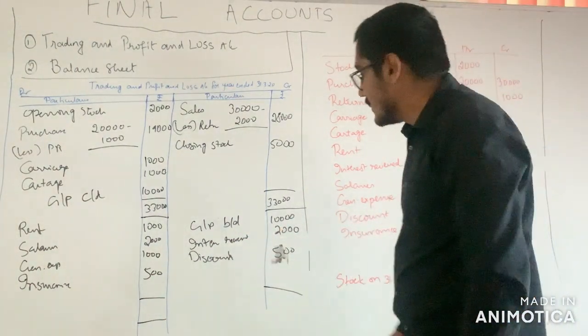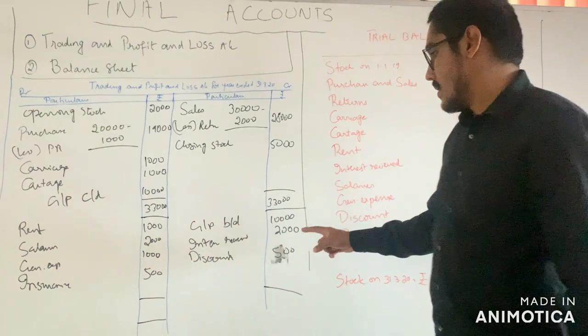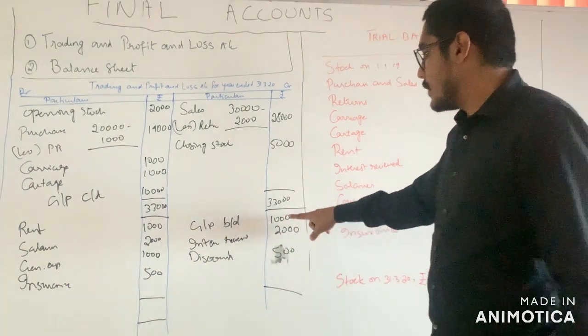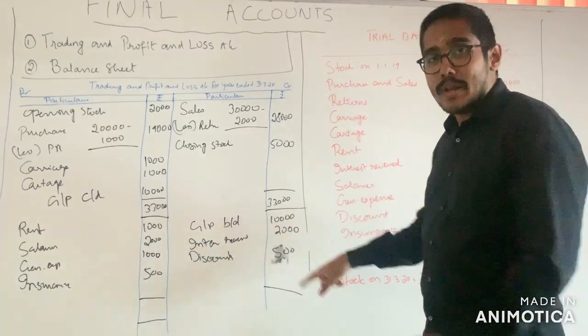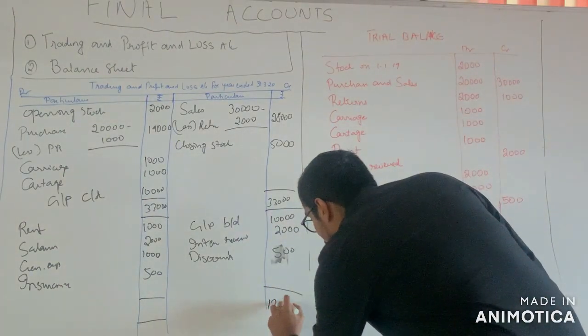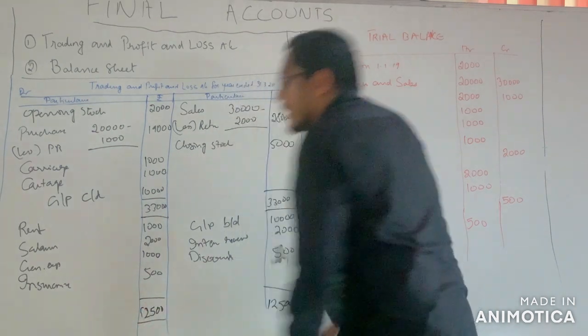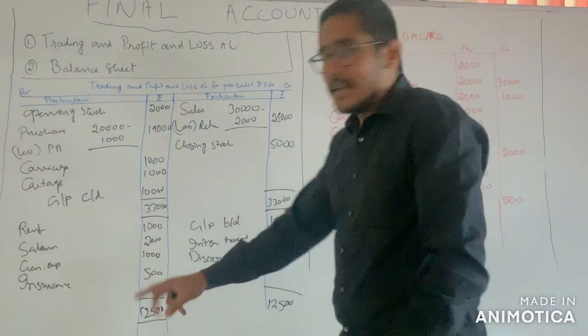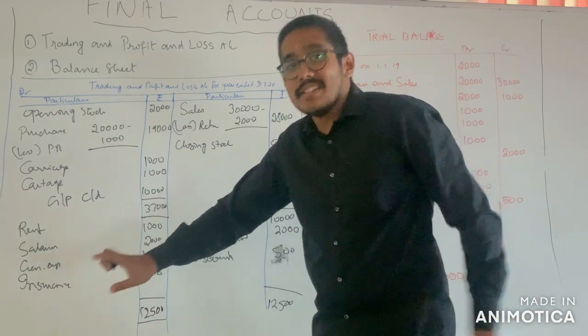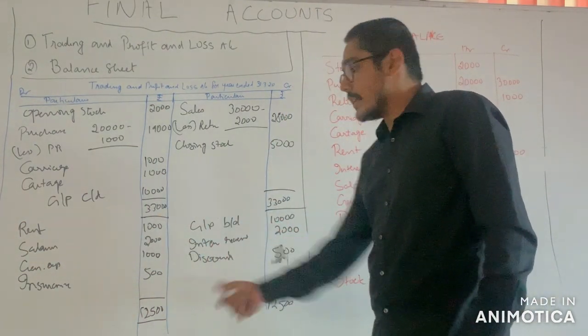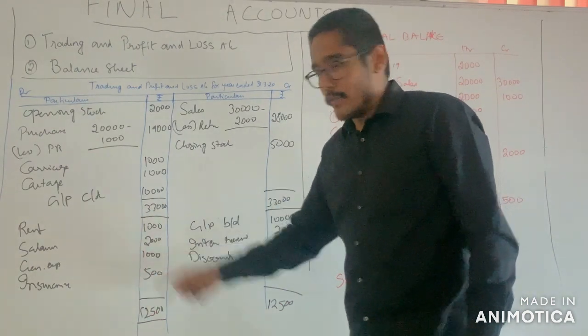Now we will be balancing this. Which side is more? Credit side is more, right? So we will be totaling this. 10 plus 2 plus 5, 12,500. Now, if balance carried down comes here, it is net loss. And if it comes here, it is net profit.